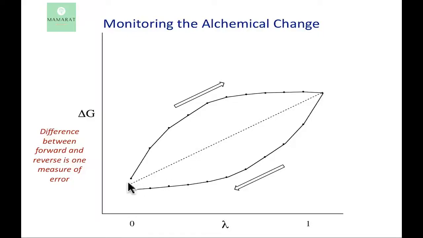And so in one case, that might be 7, and that might be 7.4. But another potential measure of error is if I were doing a perfect job of this, I really ought to follow this line, right? I should not see a deviation between the two directions, but one typically does see a deviation, and you can look at that hysteresis in the curve and use that to define an error function as well.